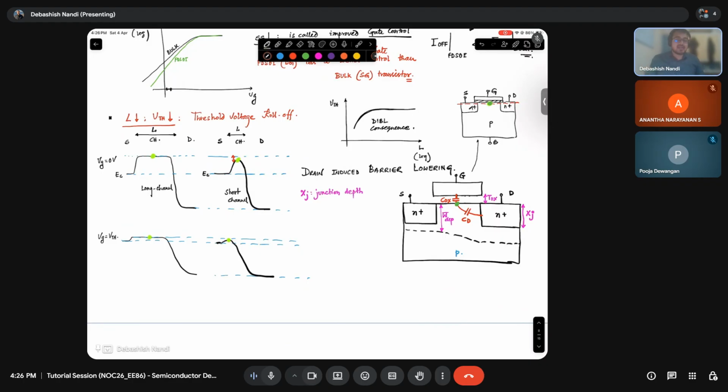It can be derived analytically, but for ease of simplicity, let me just write that the threshold voltage of any transistor can be written as the threshold voltage of long channel devices minus drain voltage times CD by Cox. Is this equation okay?